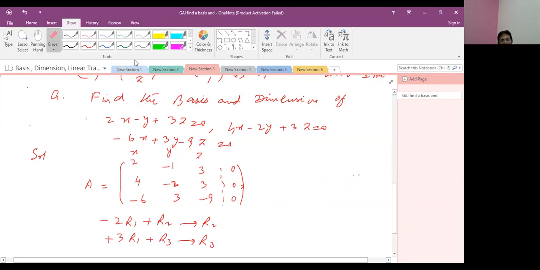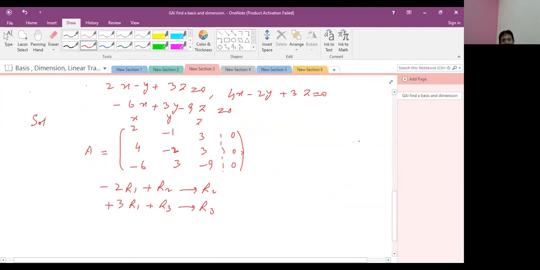So student, we will solve in this way. First row as it is. When we multiply minus 2 to the 4, plus 4, it is 0. Minus minus plus 2, 2 minus 2, it is 0. Minus 2, 3 is 6 plus 3, it is minus 3.